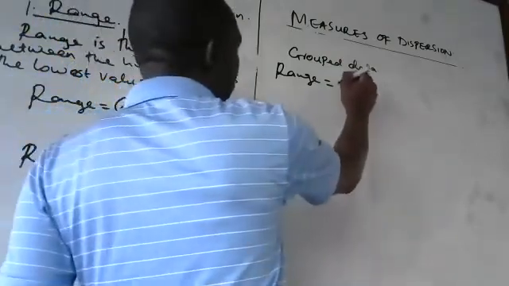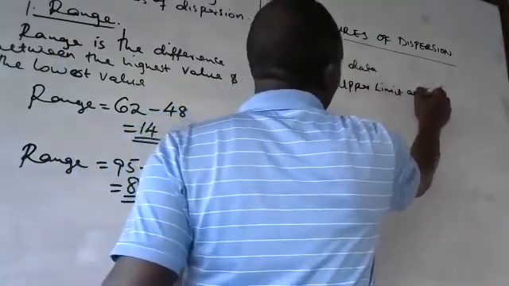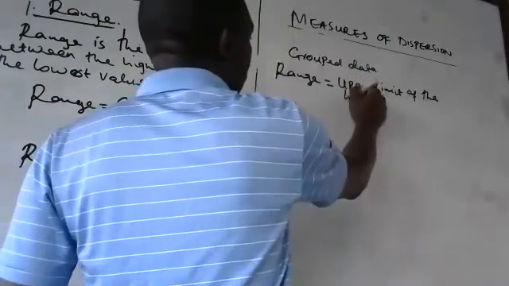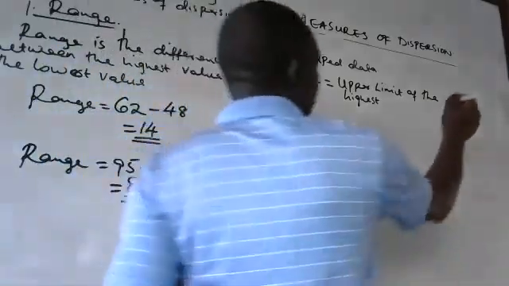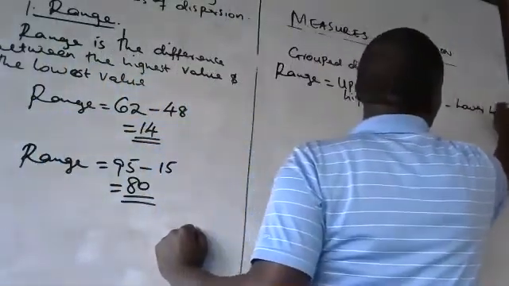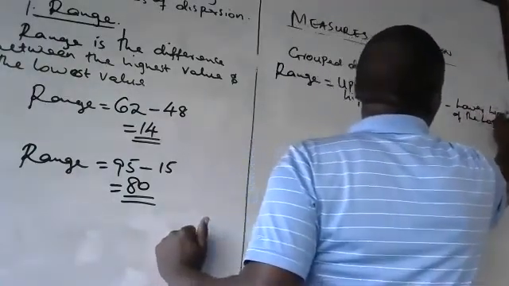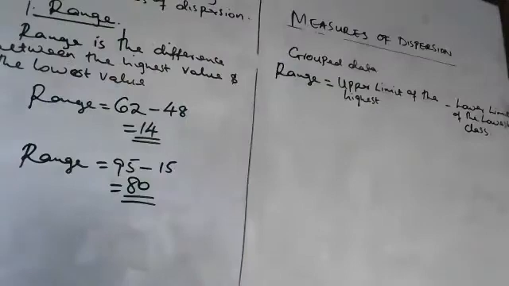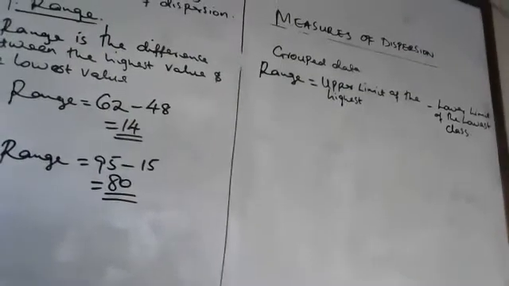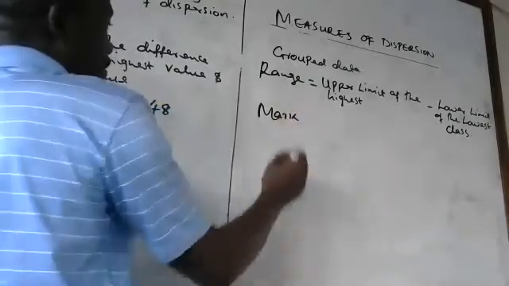So the range is the upper limit of the highest class minus the lower limit of the lowest class. The range is given by the upper limit of the highest class minus the lower limit of the lowest class.